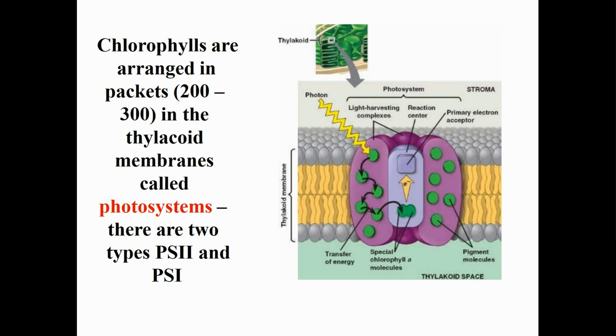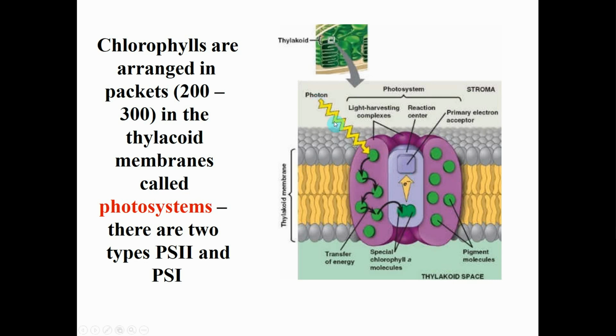All the chlorophylls are in a complex, and like you see here, in a thylakoid membrane they could be between packets. One light harvesting complex can have 200 to 300 chlorophylls, individual pigment molecules.